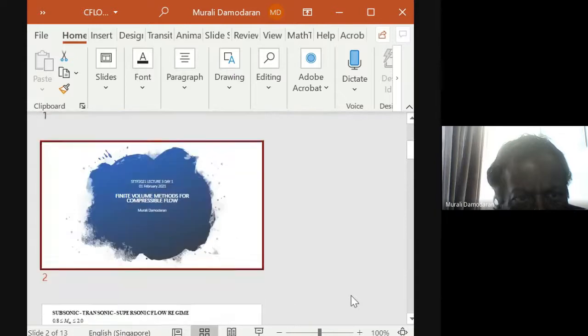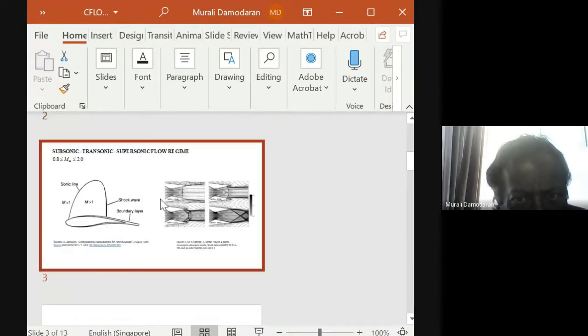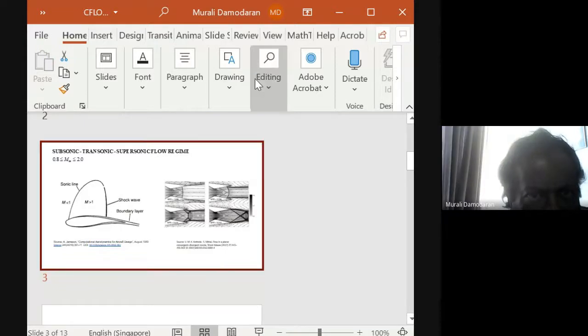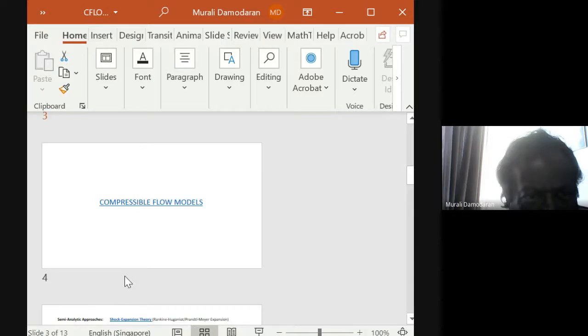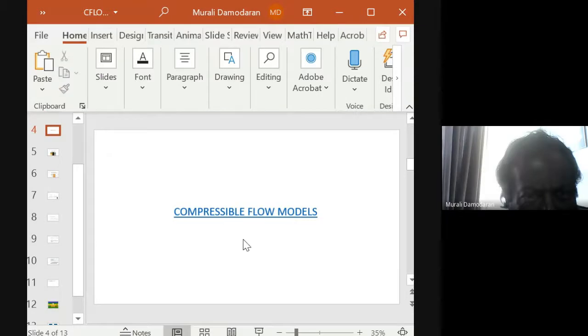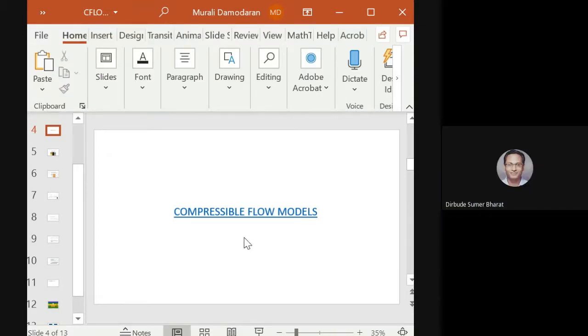Next, are you able to see this one here? Yeah, this was fine. You were able to see earlier? Yeah. Okay, so now you see the compressible flow models here? Yeah, but you were stuck on this one only. I click on that. Nothing was moving after that.